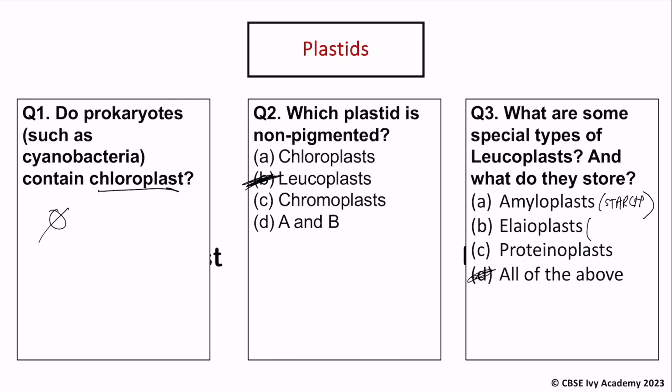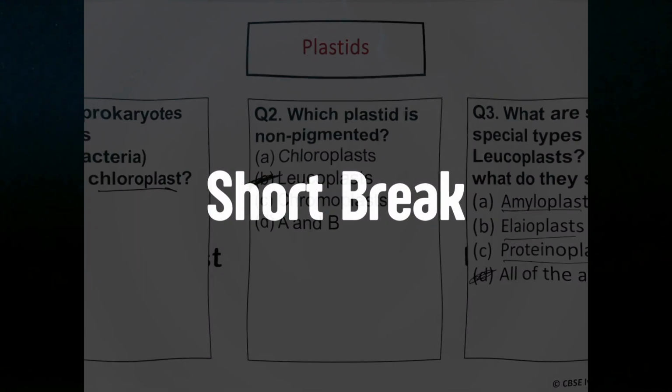Oleoplasts are involved in lipid synthesis and storage. And proteinoplasts, as you can guess, are involved in protein storage. So those are three different types of leucoplasts: amyloplasts, oleoplasts, and proteinoplasts. And then you have chromoplasts that store pigment, and chloroplasts that are involved in photosynthesis.